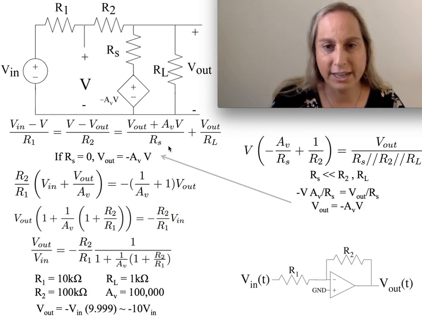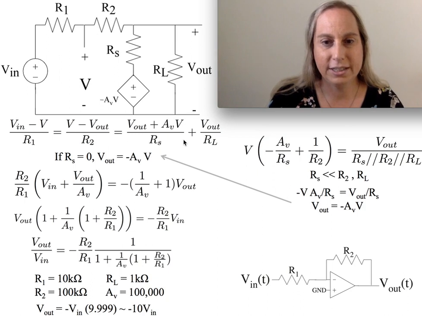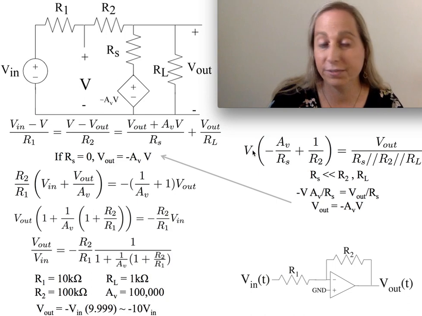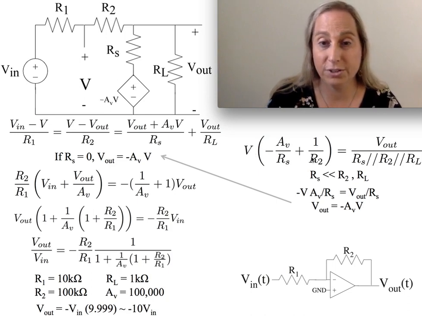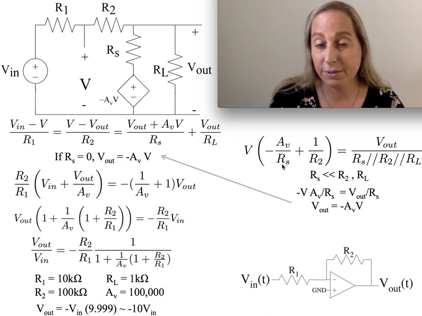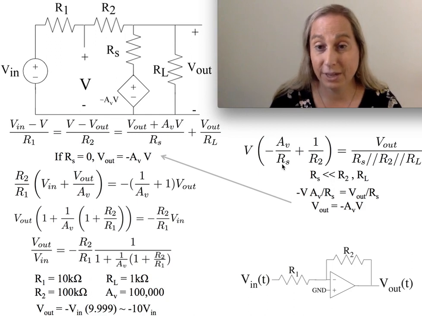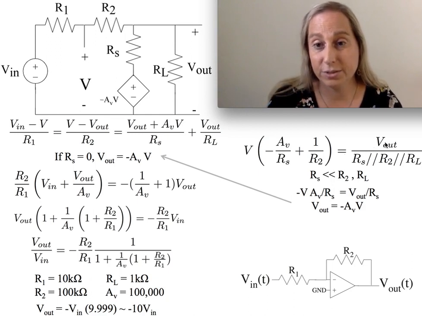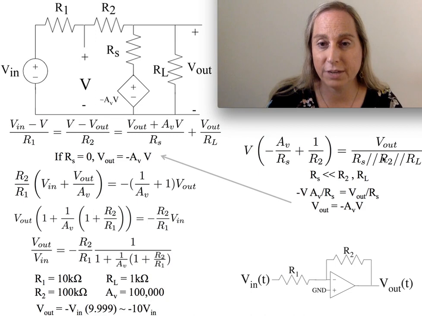Let me take the A sub v part and pull all the v terms together. This gets pulled over to the other side. What happens is I get this expression: v times 1 over R2 minus A sub v over RS equals V out over this parallel combination of RS, R2, and RL.